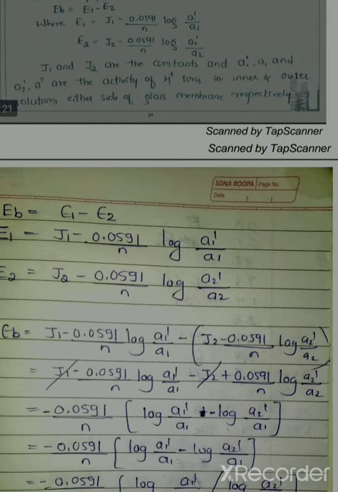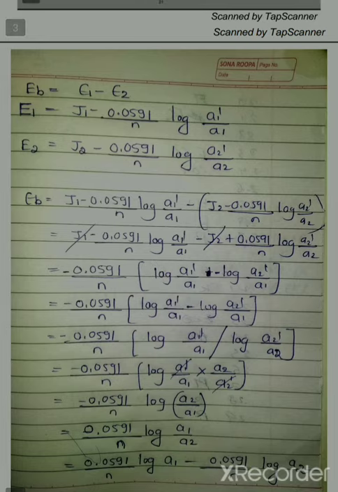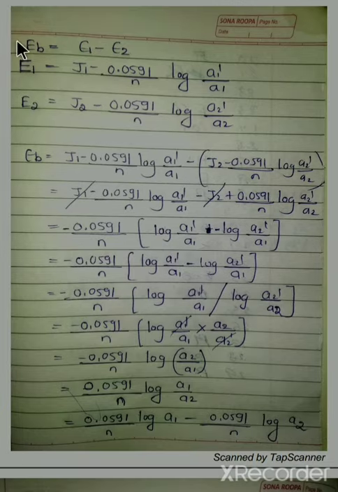Now we shall solve this. EB equals E1 minus E2. Here you write the E1 term, that is J1 minus 0.0591 by N log of A1 dash divided by A1, minus, and you write the E2 term in a bracket: J2 minus 0.0591 divided by N log of A2 dash divided by A2.